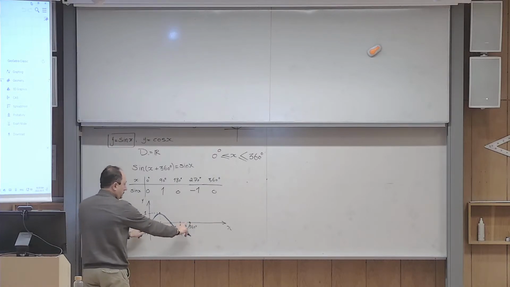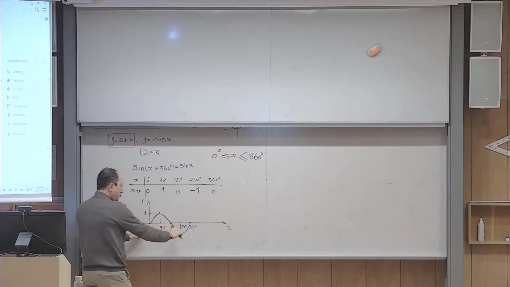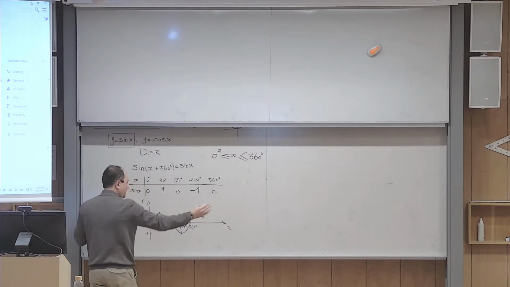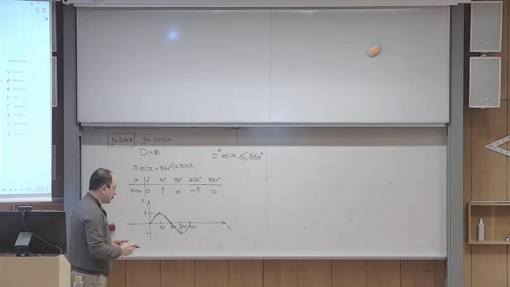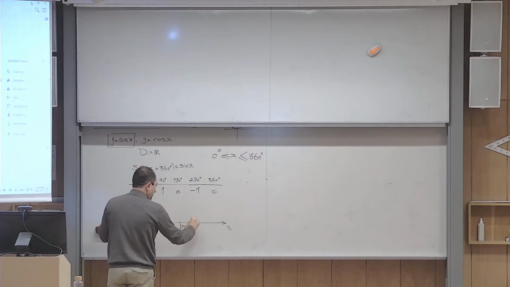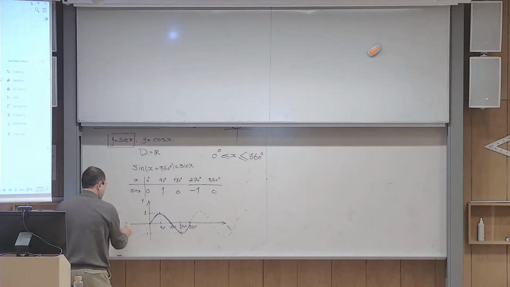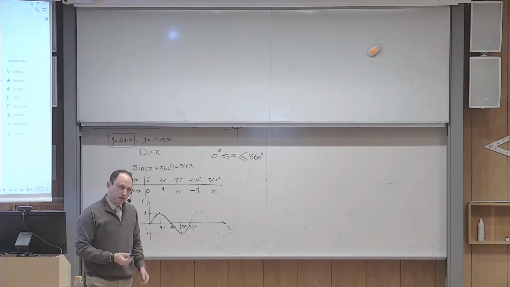Then I have to take this as a rigid object and translate it, shift it to the right and left infinitely many times. Yes, so that will give me the graph of the function like this. Something like that. So that's the graph of the sine function.